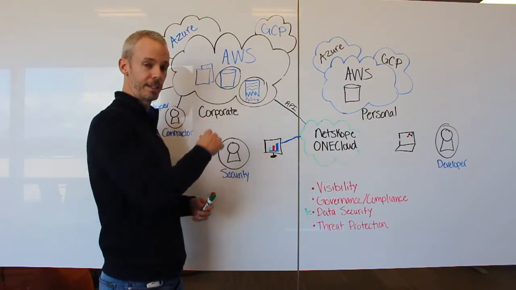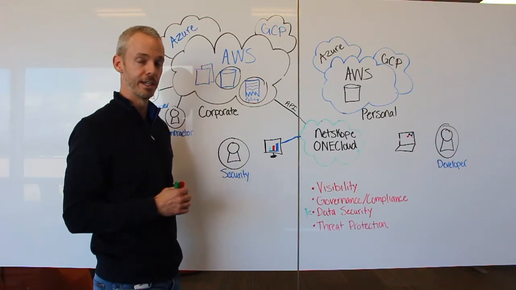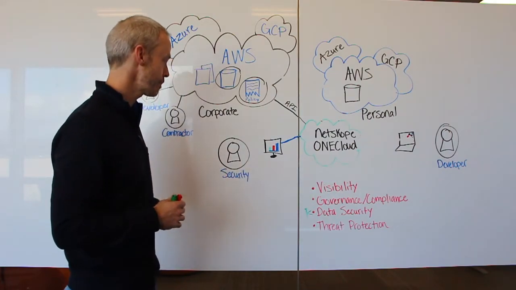So we scan the content to identify where the sensitive data is, which buckets they're in, which accounts they're in. This way you get some visibility into your sensitive data.